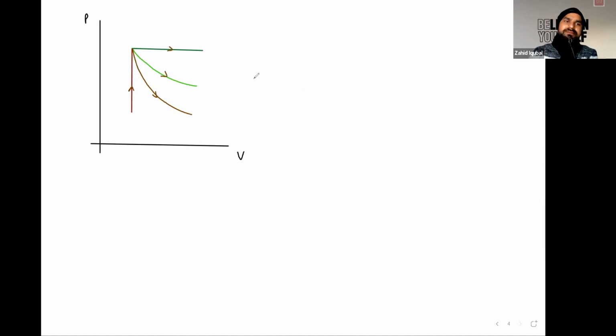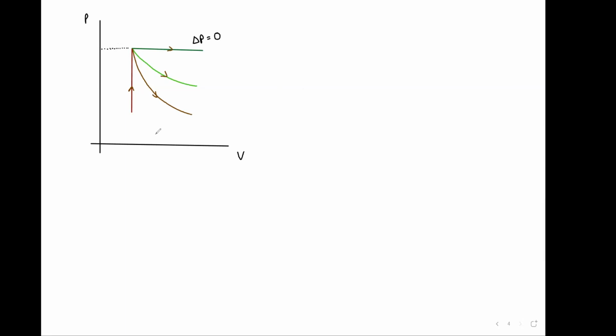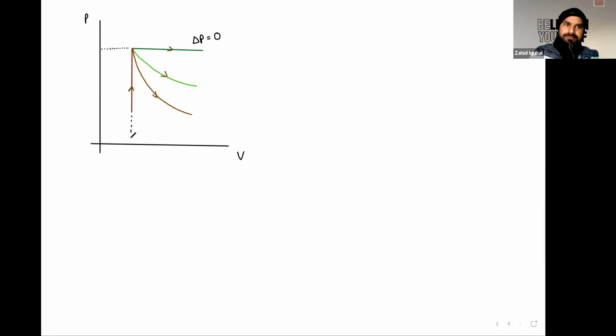So how to define? First, for this topmost part, there is no change in pressure, so it will be termed isobaric. Delta P equals 0. Is it clear? Yes, sir. Similarly, this one, the vertical line. Is there any change in volume in this part?